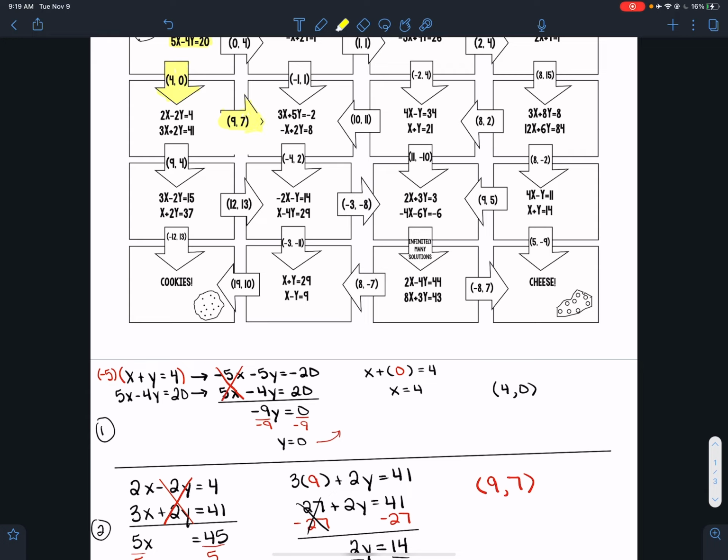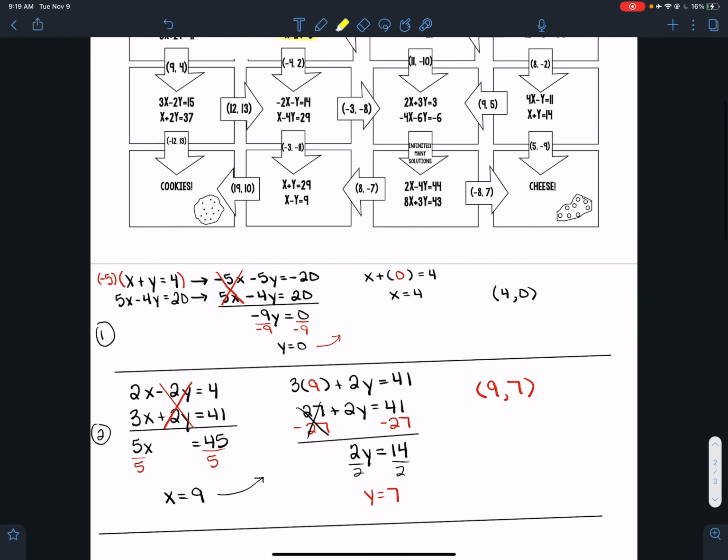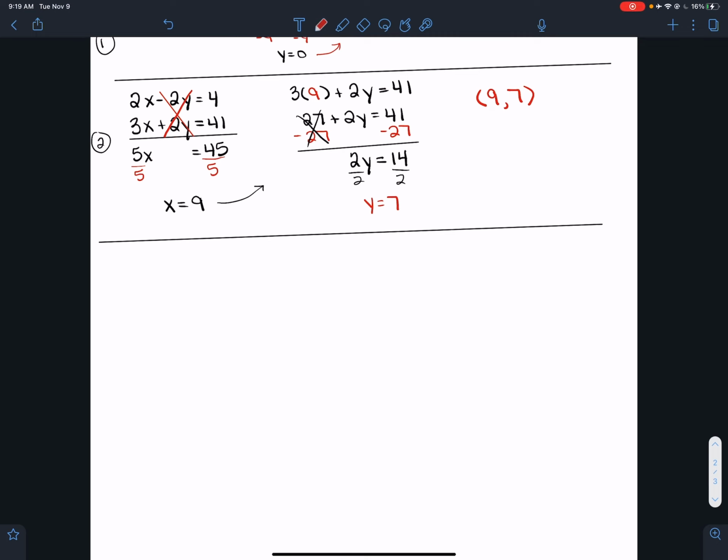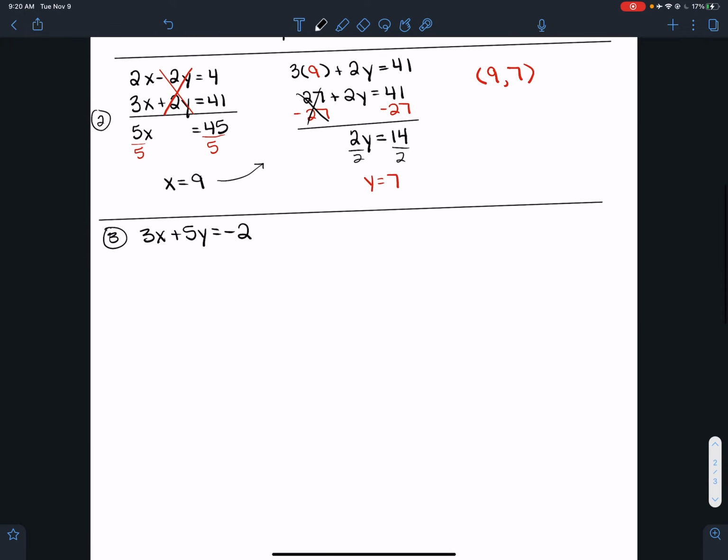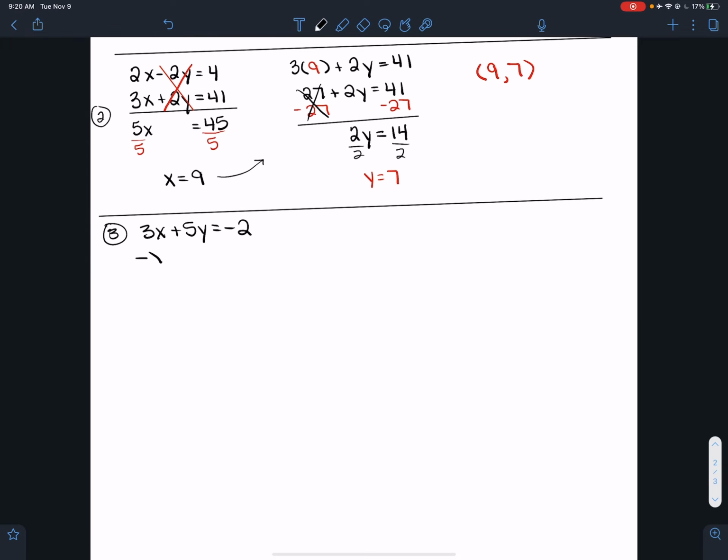So now we are going to go on to this equation here. 3x plus 5y equals negative 2, and negative x plus 2y equals 8.